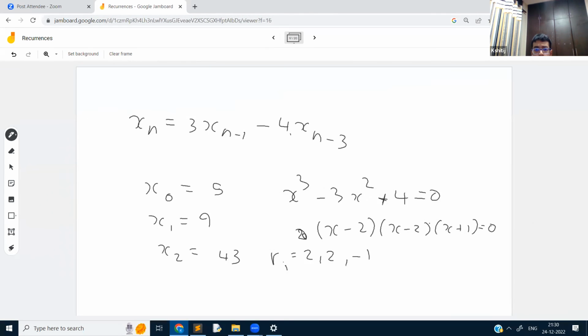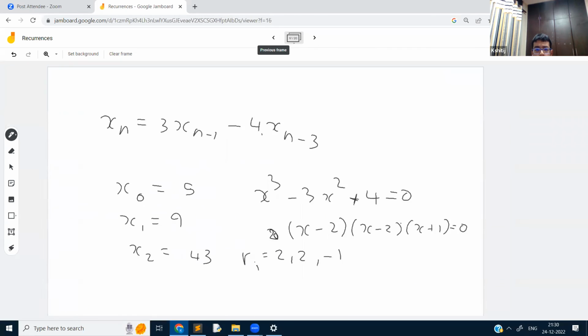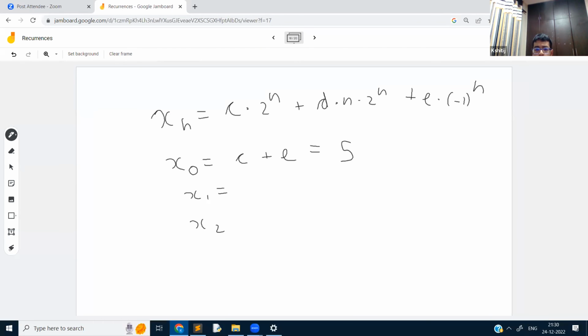Okay, so this one is equal to 5. Now if we add 1, then 2c plus 2d minus e equal to 9, and x2 equal to 4c plus 8d plus e equal to 43, I believe.